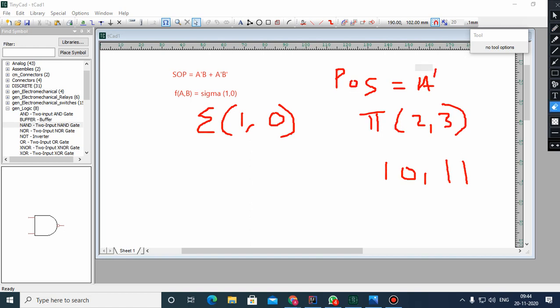In POS you can write A complement plus B in brackets, and here you can write A complement plus B complement. So children, this is the POS expression, and you can see both are the complement of each other. If 1 and 0 we have used with SOP, we will not be using 1 and 0 with POS. Further using Boolean laws I will tell you how to convert any SOP expression to POS form.